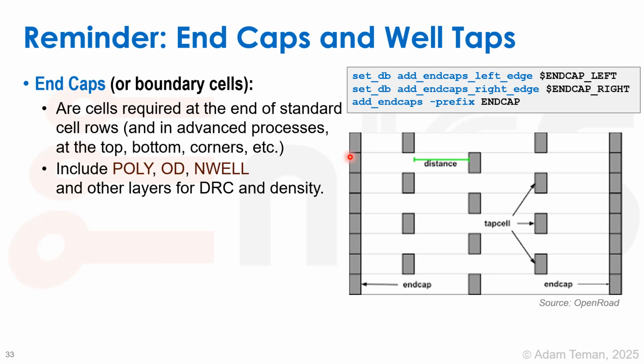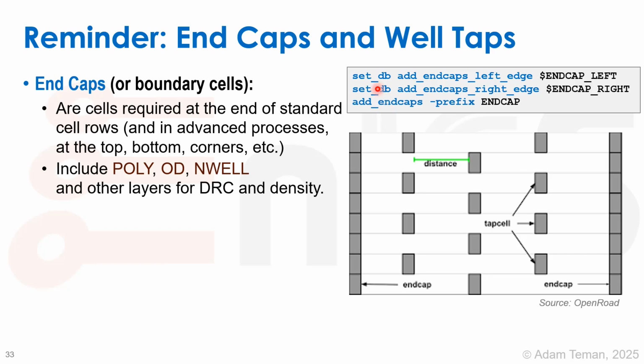We really need them in order to terminate the rows and terminate the areas where we're going to have standard cells for all kinds of DRCs. These Endcaps include polys, ODs, NWELs, all kinds of layers that are needed to terminate the standard cell rows and to ensure that we are clean with DRC after running placement, and we have enough density around those areas.